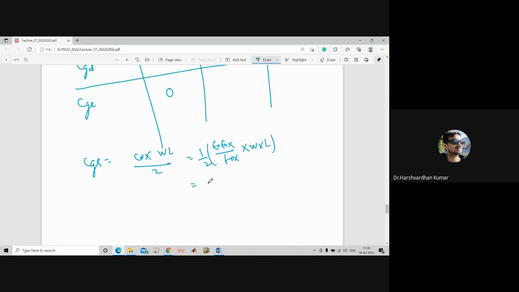So let me calculate here. It will be half, multiplied by epsilon naught, which is 8.85 into 10 to the power minus 12, multiplied by epsilon ox 3.9, divided by tox 100 nanometer, and multiplied by area, that is L, 2 into 10 to the power minus 6, and W is 10 into 10 to the power minus 6.